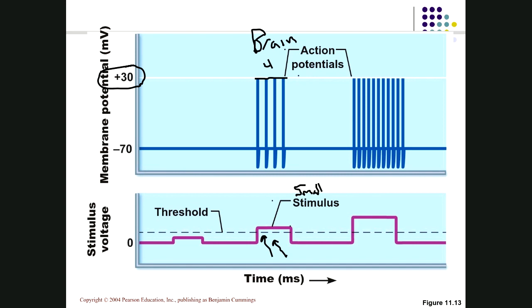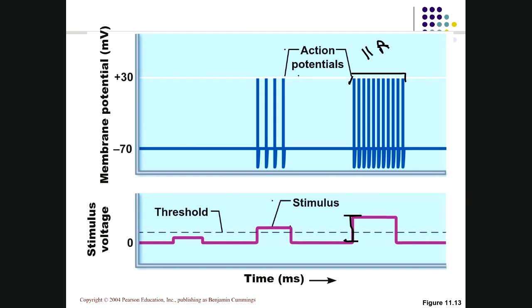But look again. Here, look how big the stimulus is. It's this big. And when I get a stimulus this big, I'm going to get this many action potentials. 1, 2, 3, 4, 5, 6, 7, 8, 9, 10, 11 action potentials. And when my brain counts 11 action potentials, it's going to interpret that as a much bigger stimulus than 4 was.